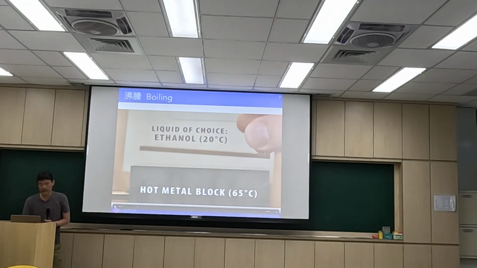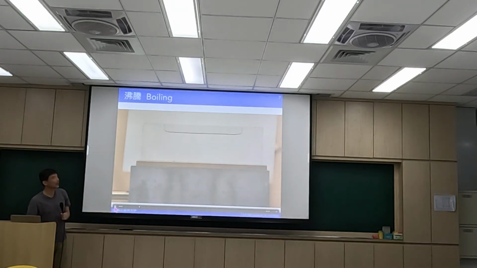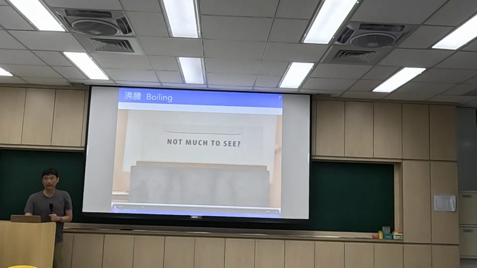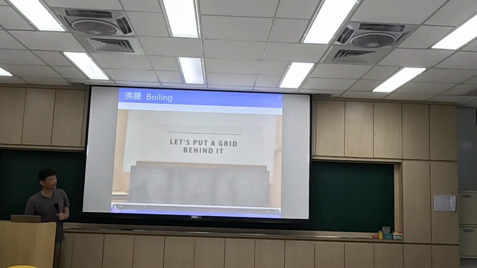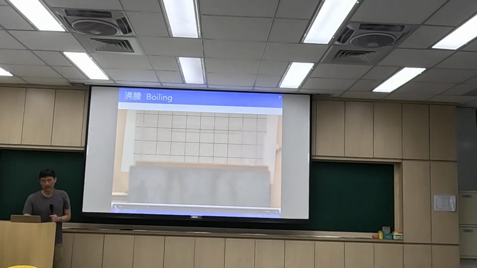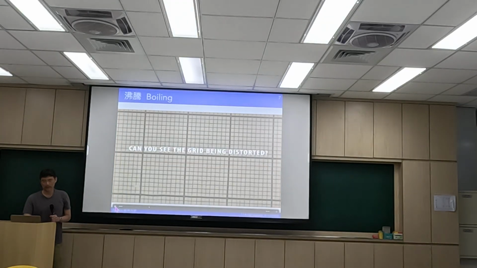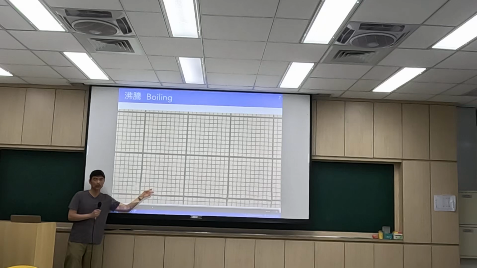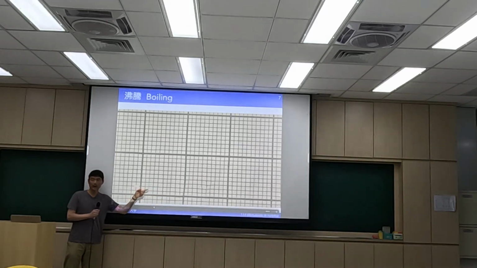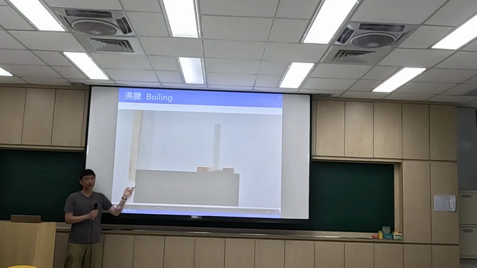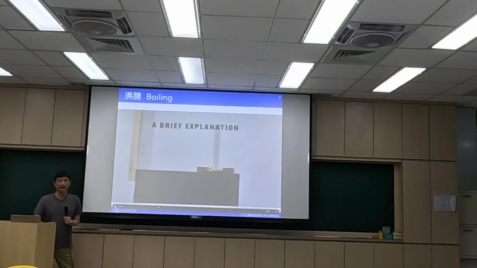Before boiling starts, okay, let's see. We have natural convection without boiling. Do you see some fluctuation of the grid? I think this is a very popular phenomenon when you walk on very hot summer days.